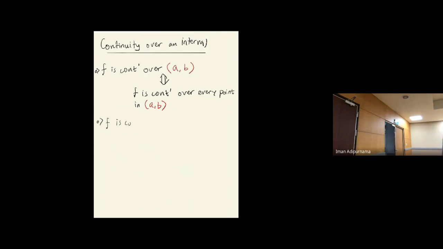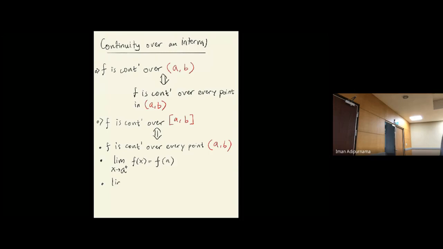We also say f is continuous over the closed interval [A, B]. So I will write here: f is continuous over the closed interval if f is continuous over every point in the open interval (A, B), and the limit as x approaches a from the right side is f(a), and the third one, as x approaches b from the left, is equal to f(b).